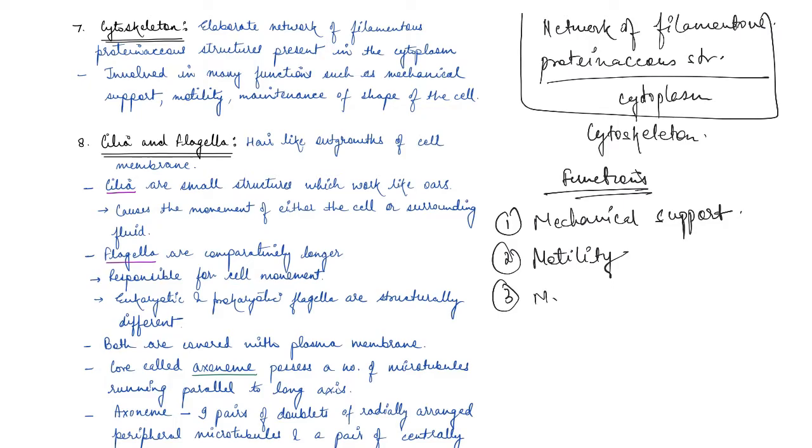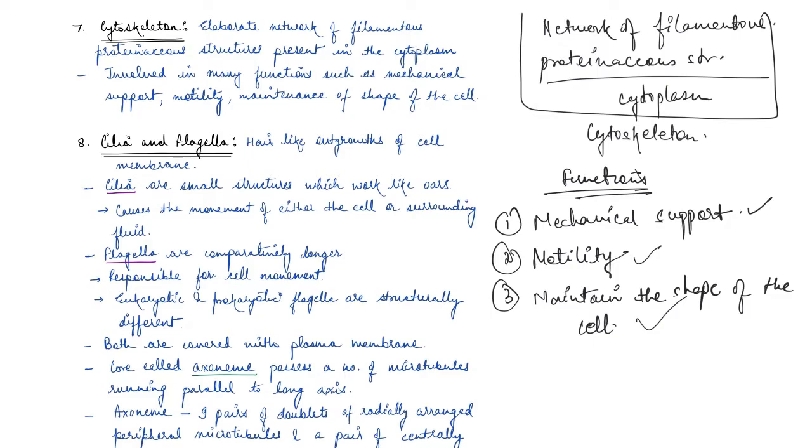They maintain the shape of the cell. So the cytoskeleton basically provides mechanical support, sometimes gives motility, and also helps in maintaining the shape of the cell, right? So these are the concept and the functioning of cytoskeleton.